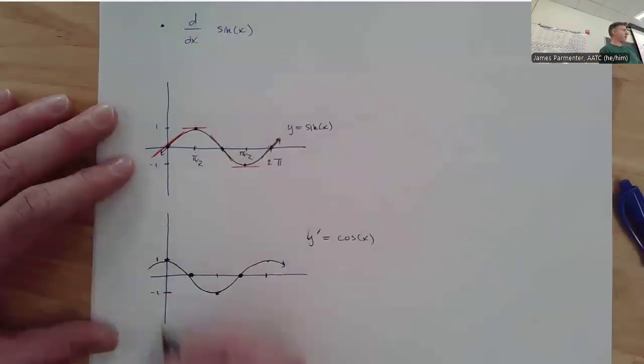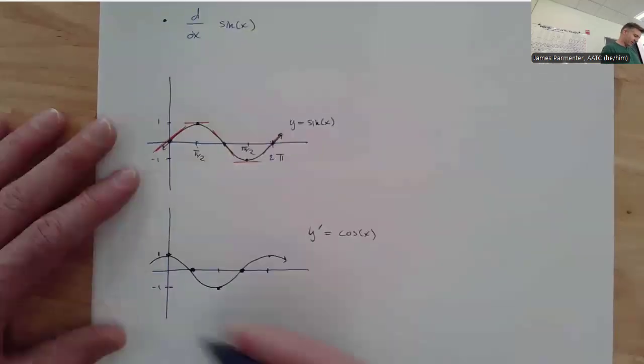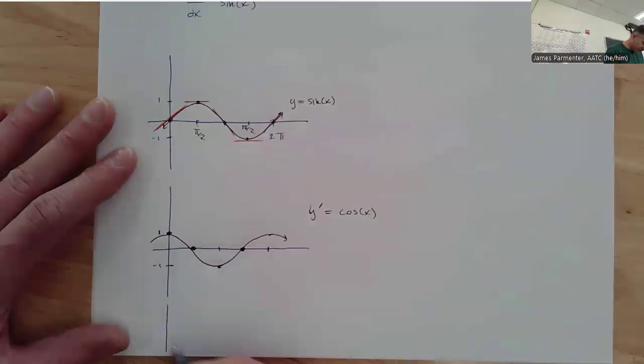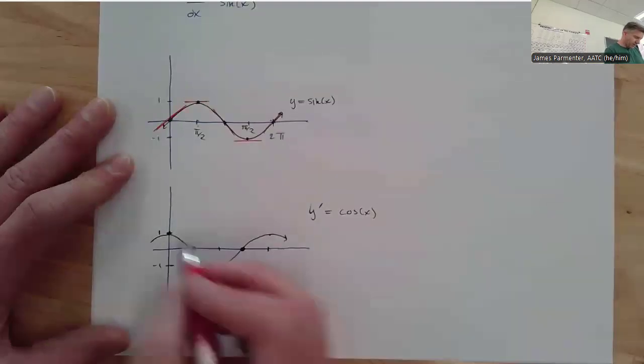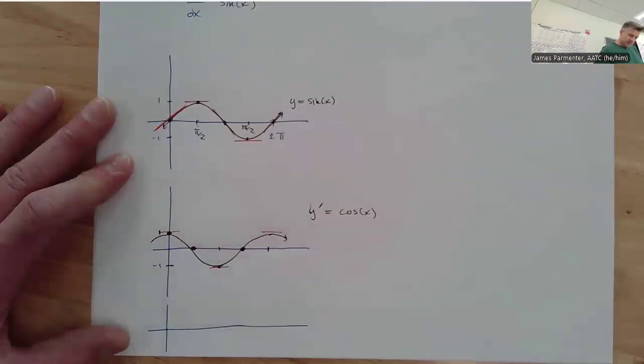In a similar way, I should have said more about leaving yourself some room here, but if you try to draw the graph of the derivative of cosine, I feel bad about trying to squeeze this in here, but not bad enough that I'm not going to do it. Now the slope of the tangent line here is 0, and here is 0, and here is 0.